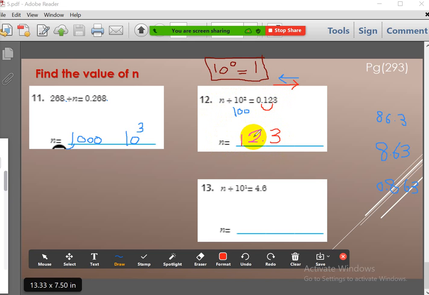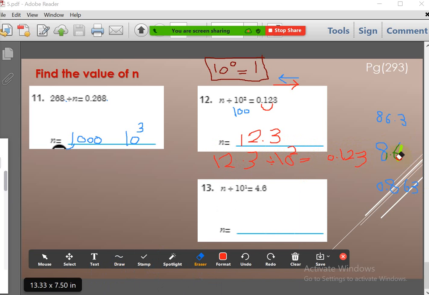If you don't have the same number, that means your answer is not correct. That means replace n with, as an example, 12.3, and divide it on the second power of 10. So look, the answer will be 0.123. The same number. That means my answer is correct.